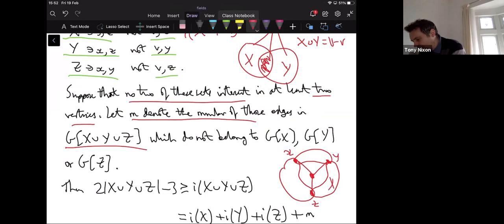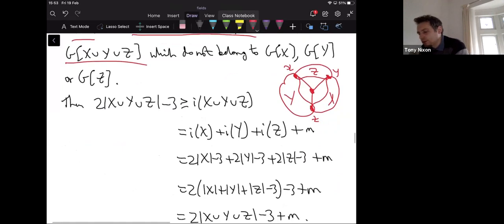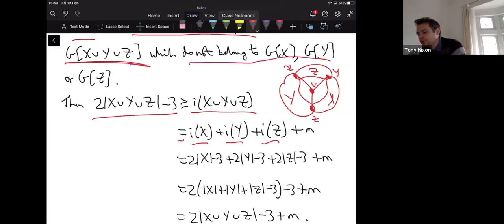So I think I had it as X, Z, and Y like that in the picture. Okay, so the number of edges in the union, it's a subset which doesn't include the vertex V, so it's at most twice the union minus 3, but it's equal to the number of edges in X plus the edges in Y plus the edges in Z plus the ones in the union which don't belong to the 3 parts, which we defined as N.